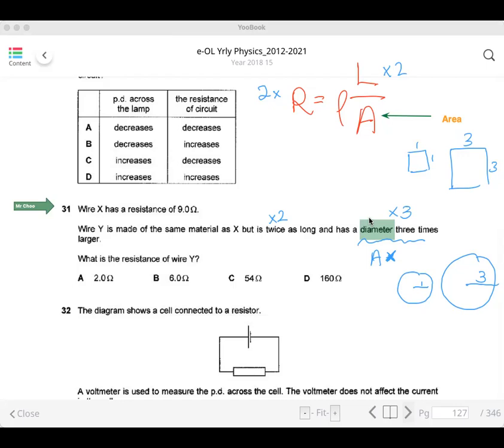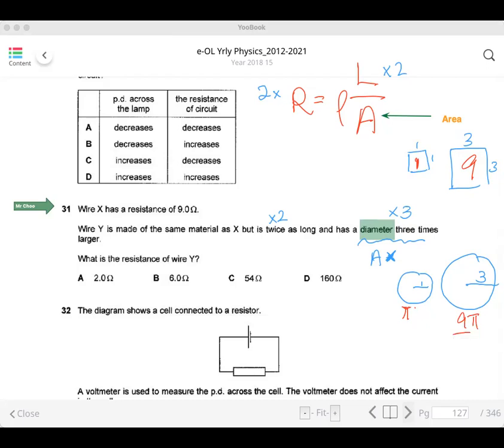If the area here is 1, and the length is increased by 3 times, your area becomes 9. Likewise, if this area is pi, what will be the area of this? This will become 9 pi. So it becomes 9 times larger.